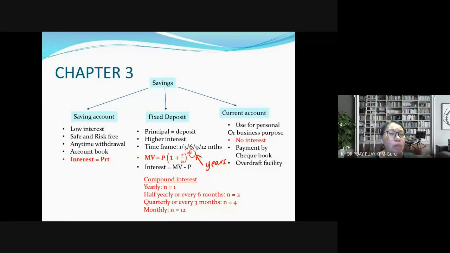The bank allows you to use more than your own money, but that is considered an overdraft, in another word, it's like a loan. So you take more than your own money, and after that you need to pay back the interest charge. That is called an overdraft facility.